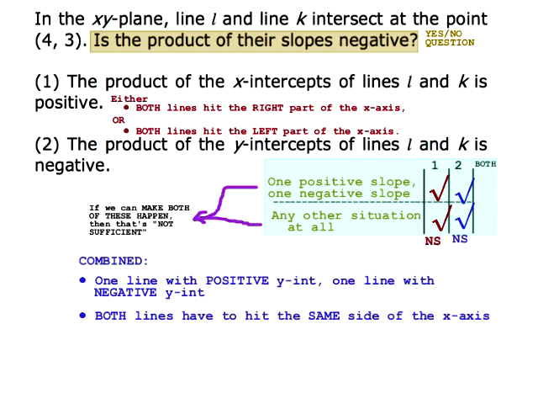And also, they both have to go through 4, 3.